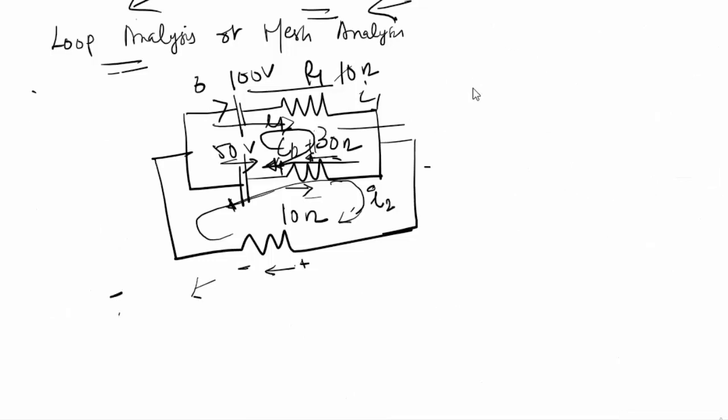As found, the I2 was equal to 9.5 and the I1 was equal to 1.53. That's how you solve the circuit and find the currents. Again, you'll see if it is possible to apply the same circuit to some other method.